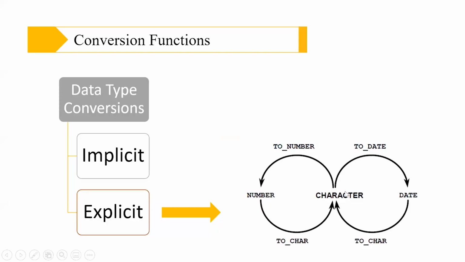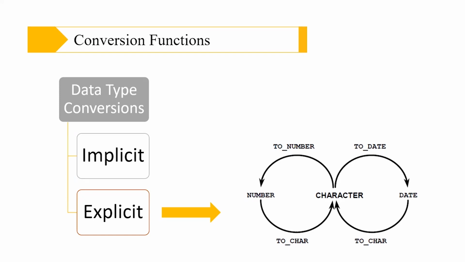Now see this diagram. So now you know that we have 2 types, implicit and explicit. If something is in the character data type and we want to change it to number or to date, we can do that, but that is an explicit typecasting. But if I want to change from number to character, or a date to a character, which is very easy, this is called implicit typecasting.